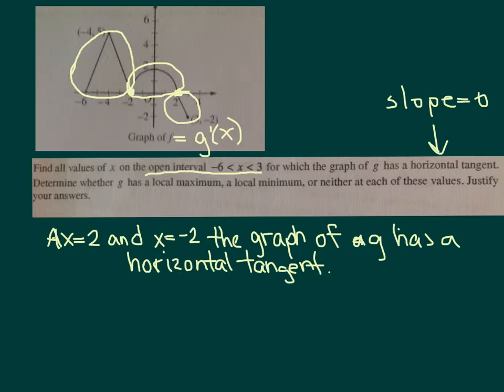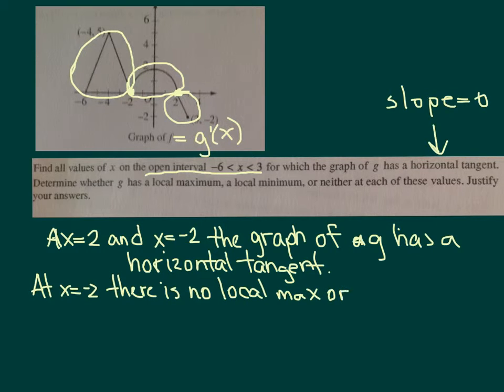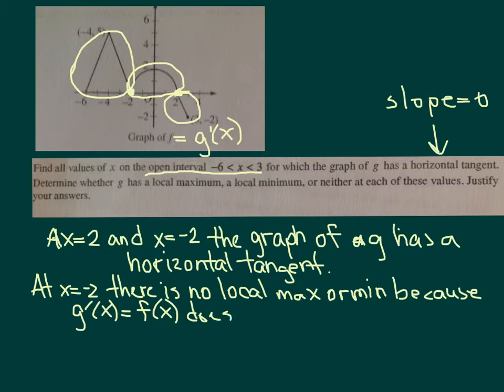So we could say at x equals -2, there is no local max or min, okay, because g prime x, which is equal to f of x, does not change sign.